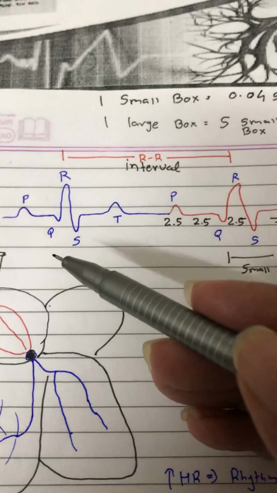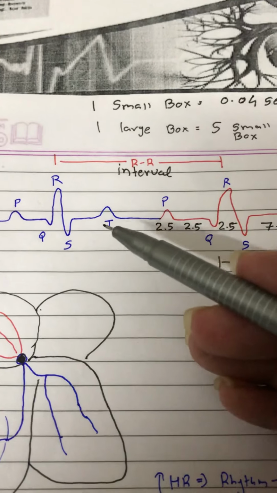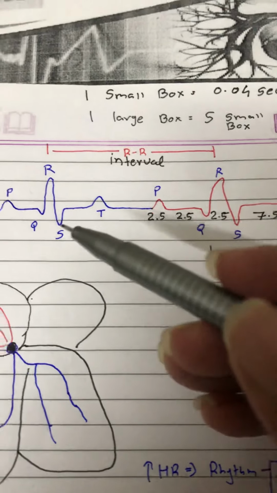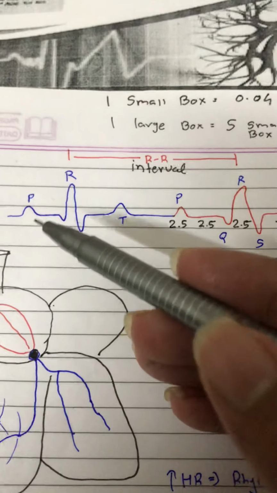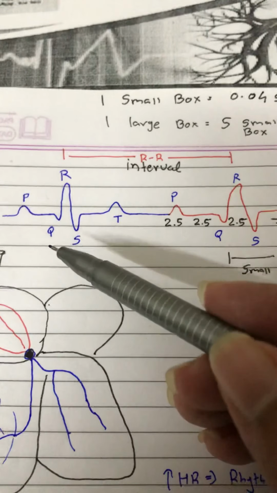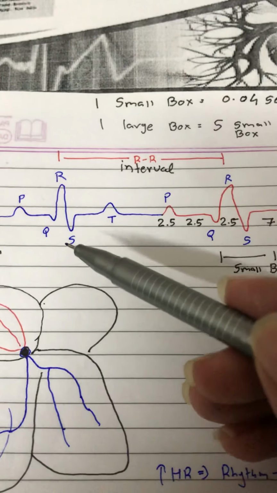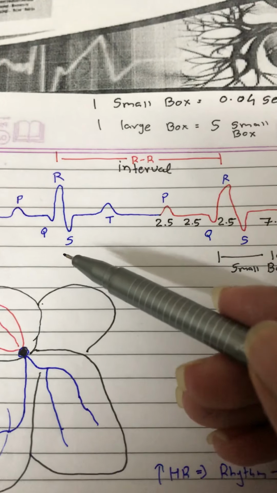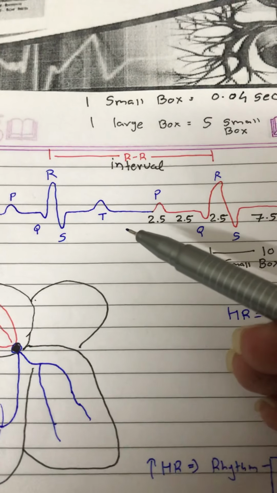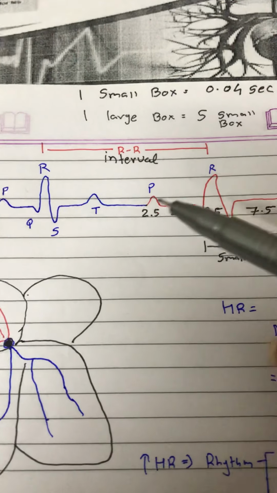Now in ECG there are the P, Q, R, S and T waves. Here the P wave indicates atrial depolarization, the QRS complex indicates ventricular depolarization, and the ST segment is ventricular repolarization.